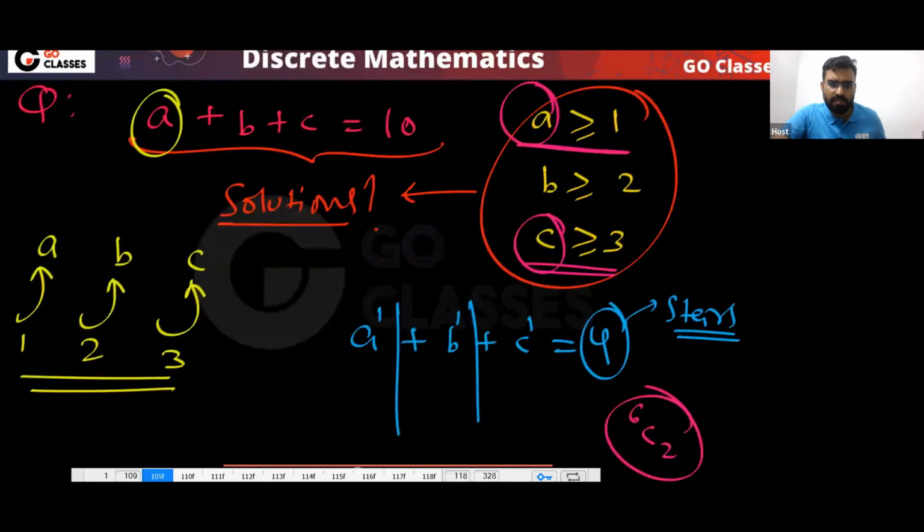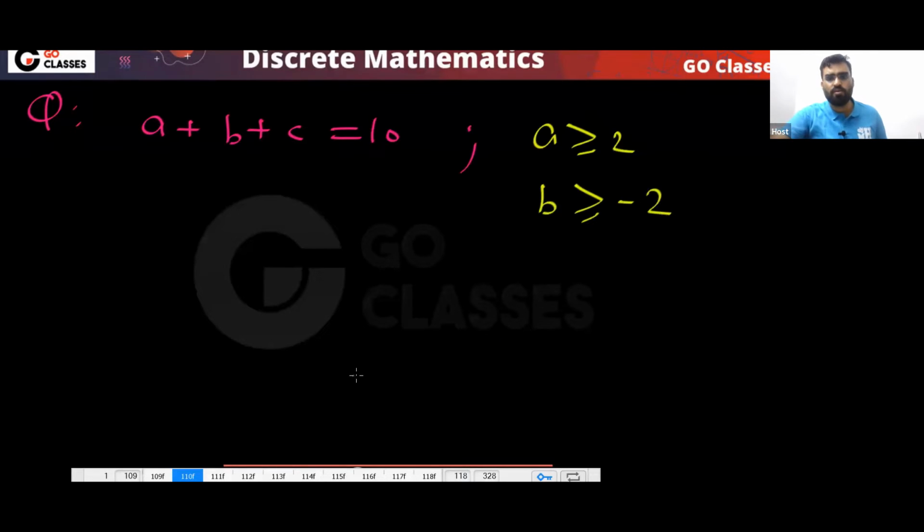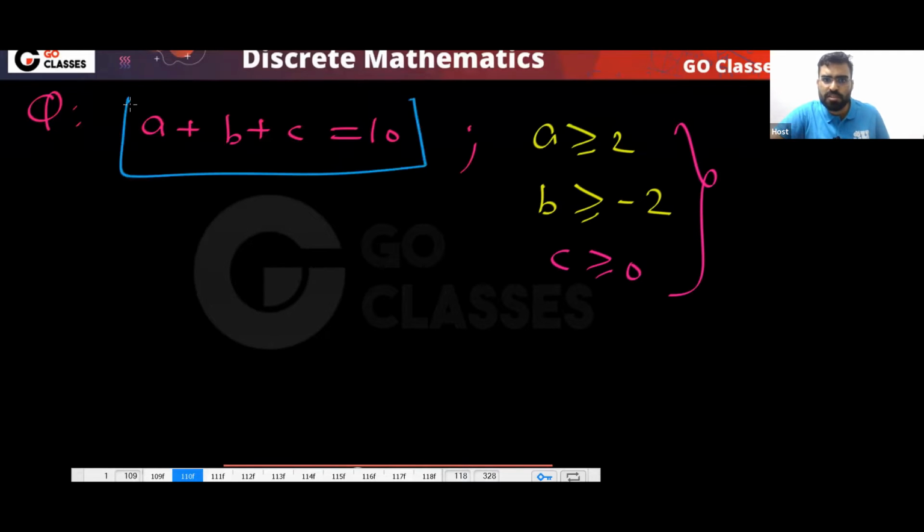One more variation. Tell me, a plus b plus c is equal to 10, such that a should have at least 2 chocolates, and b can be greater than or equal to -2, and there is no restriction on c. c should be greater than or equal to 0. Now what does it mean? This is interesting. I want integer solutions.